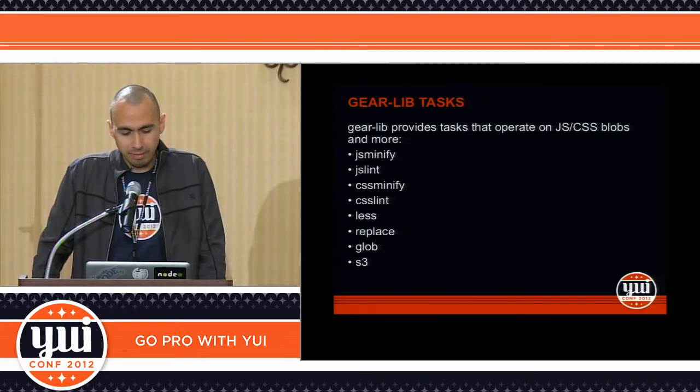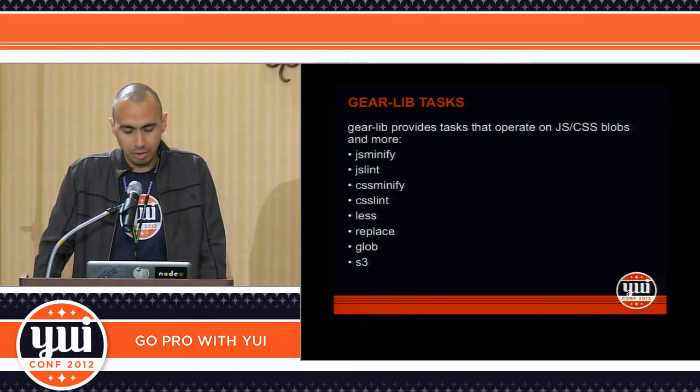So JS minify, JS lint, CSS minify, CSS lint, less. It'll compile your CSS less files. Replace will replace a string in your blob. Let's say you have a little dollar time, and it'll fill that in with whatever you want. It's basically like string replace.